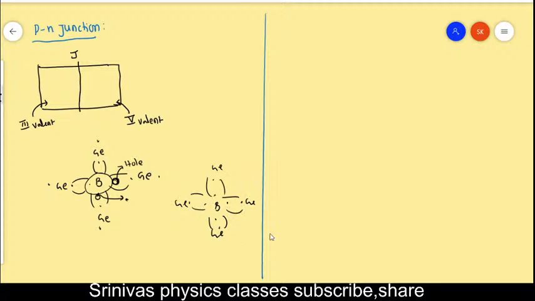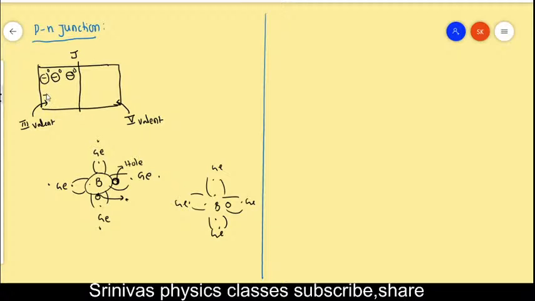It requires four electrons, but the valence electrons are only three. One vacancy is there, and that can be indicated like this. We have to write here minus along with that one hole.